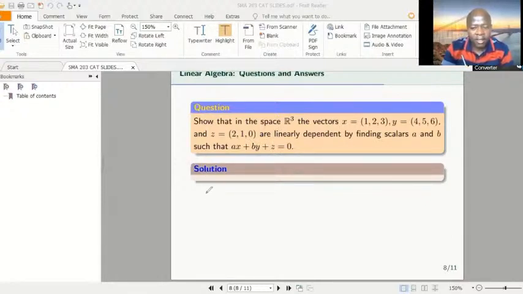So let's first of all define what we mean by linear dependence. I just want to remind you, you already know the definition.